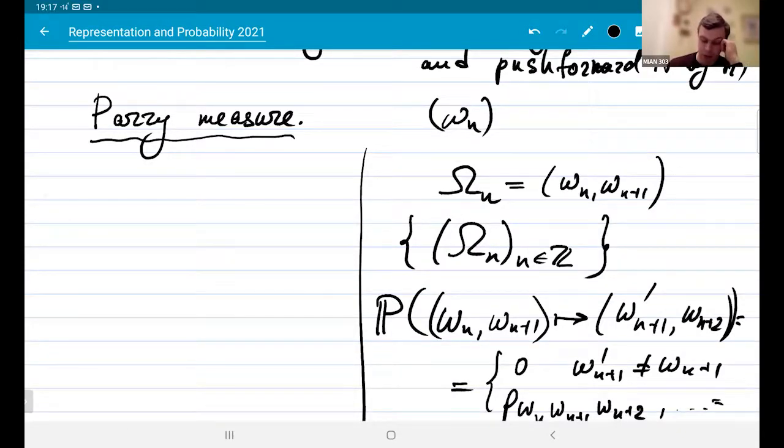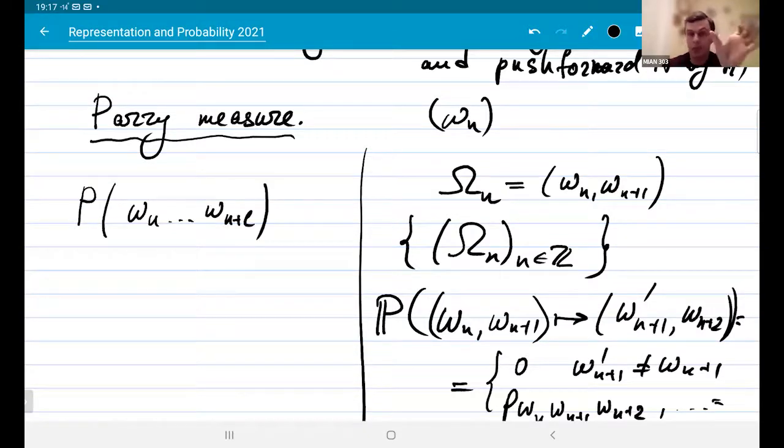The definition is the following. This is a shift invariant Borel measure such that the probability of some sequence, so you say that at some moment you are at omega n, then you're at omega n plus 1, and so on, then you are at omega n plus L.